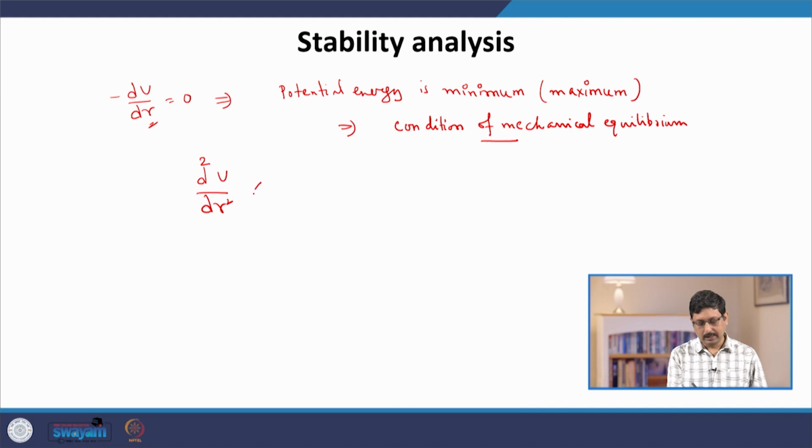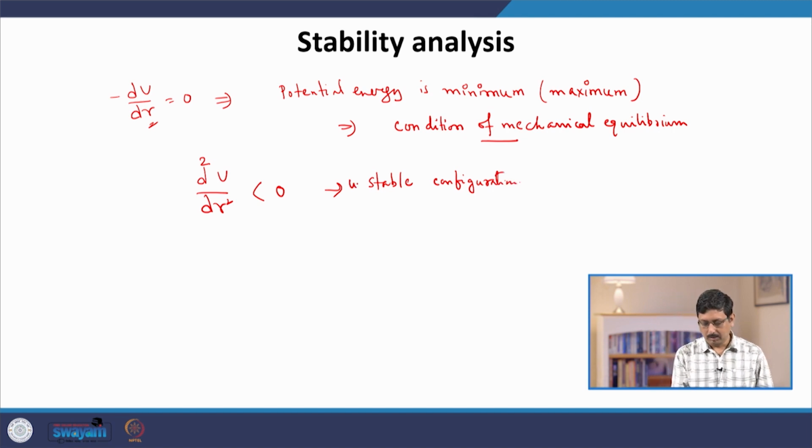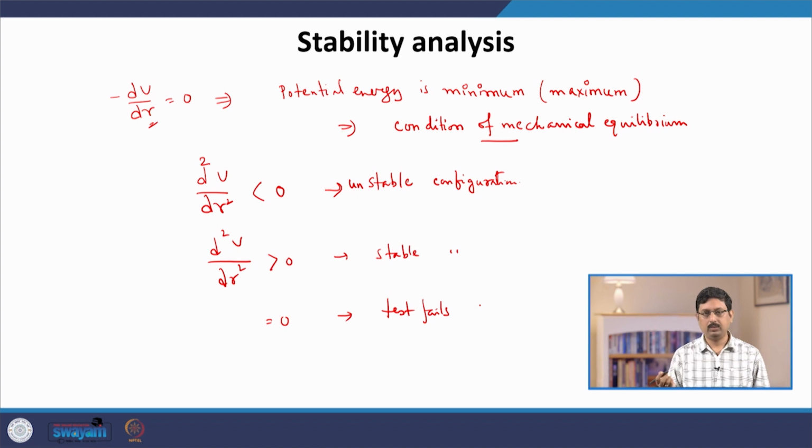If the second derivative is negative, then this is an unstable configuration. If this is positive, then this is a stable configuration, and if this is 0, then this test fails, and we need to check it in a different way in general.